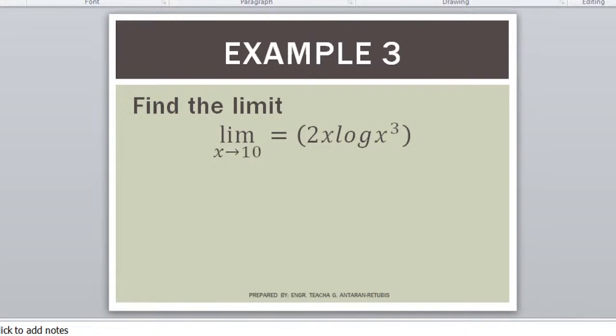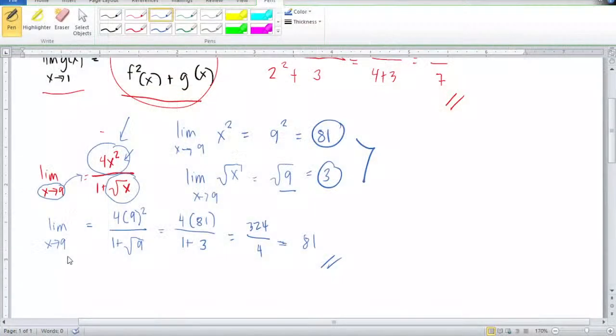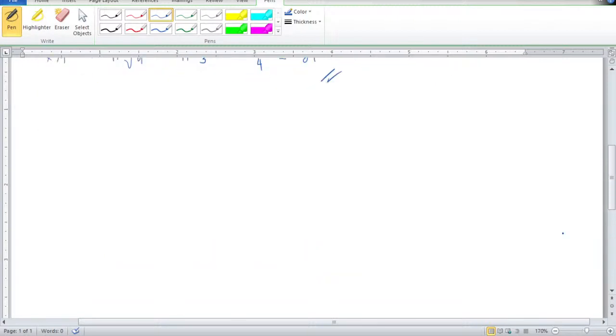So 2x log x cubed, and then limit as x approaches 10. Okay, 2x log x cubed.